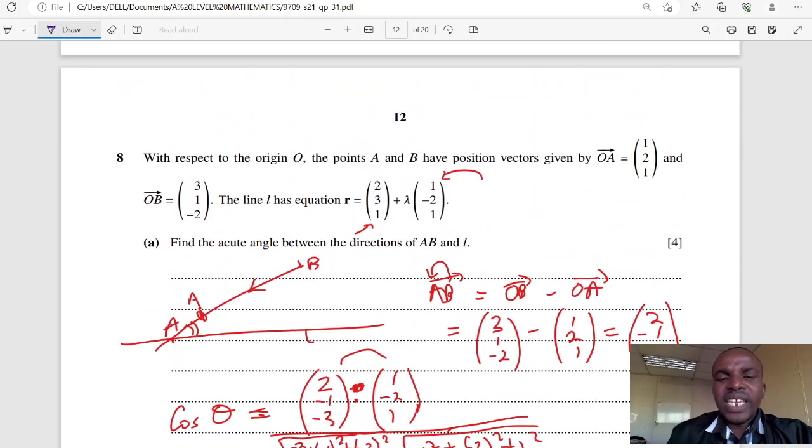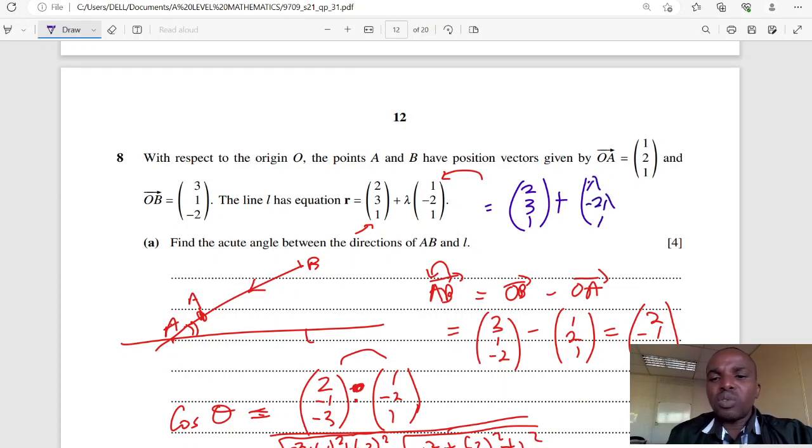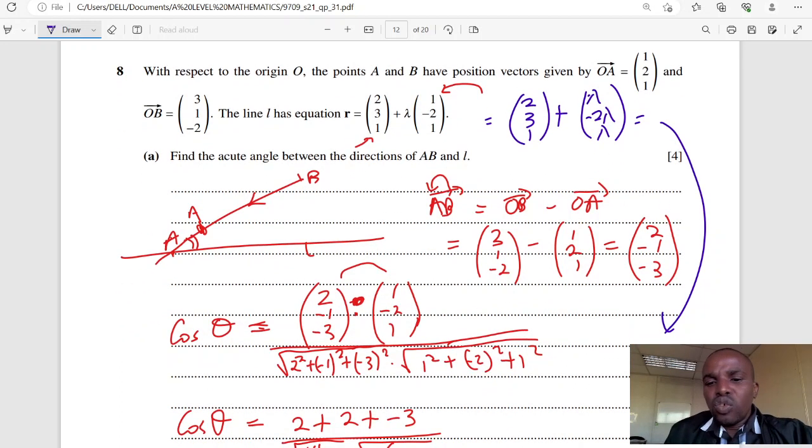Right, for OP, I take the vector equation of the line. I combine the two items. First I say (2, 3, 1), then plus lambda times (1, -2, 1). Lambda times 1 is lambda, lambda times -2 is -2 lambda, lambda times 1 is lambda. Combining these, it will be (2 plus lambda, 3 minus 2 lambda, 1 plus lambda).